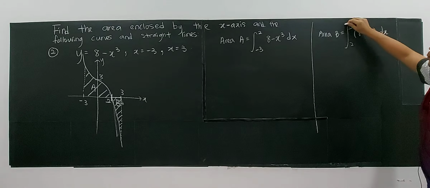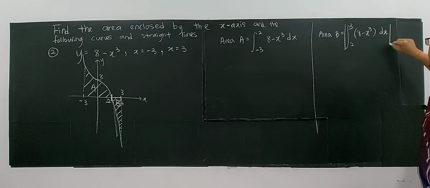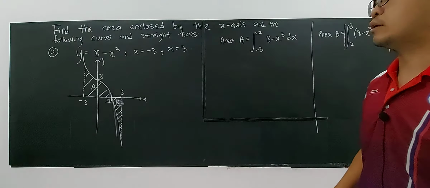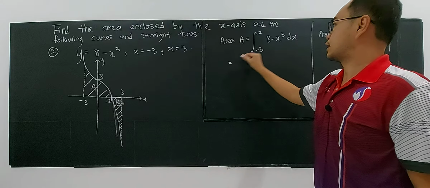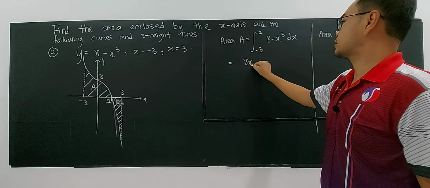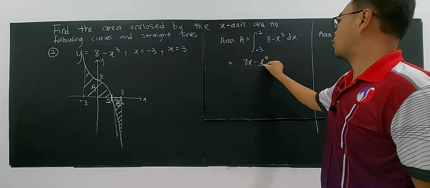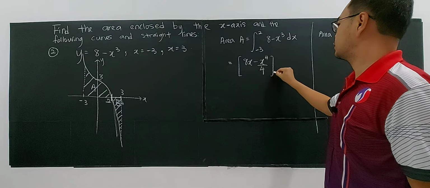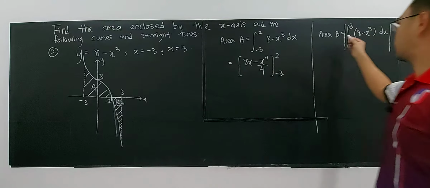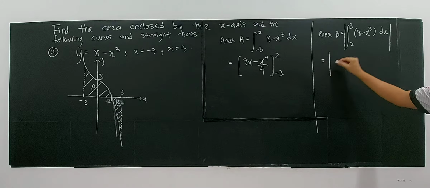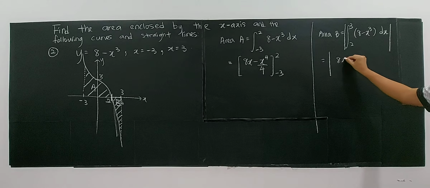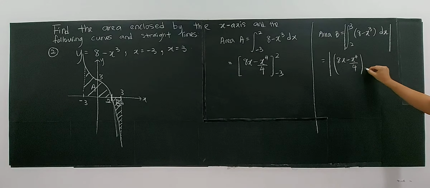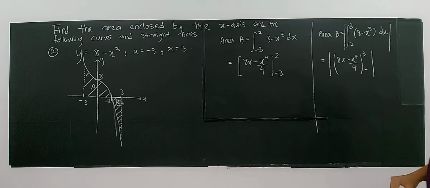So at first I put a modulus here because I know that I want to evaluate the area of this region, which should not be negative. So then I start integrating this. I have 8x minus x to the power 4 over 4, from negative 3 up to 2, and the same thing here also. With modulus, you integrate and get 8x minus x to the power 4 over 4 from 2 up to 3.